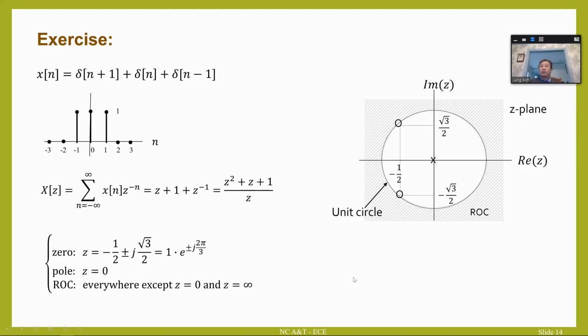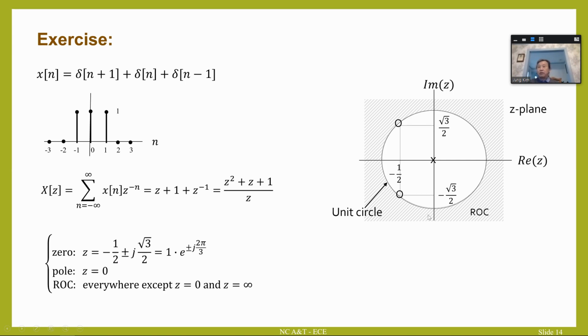Okay, so we can plot this in the z plane. This is the unit circle. Because the magnitude is one, the zeros are on the unit circle. And the pole is located at zero here. And the ROC is outside, everywhere.